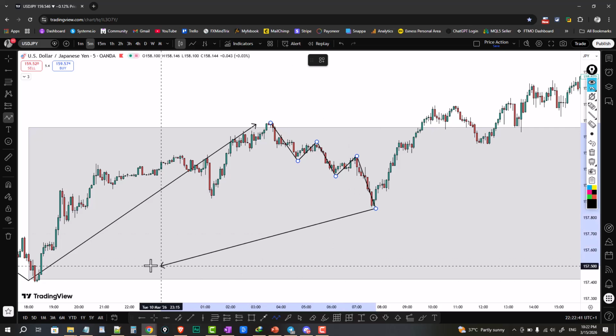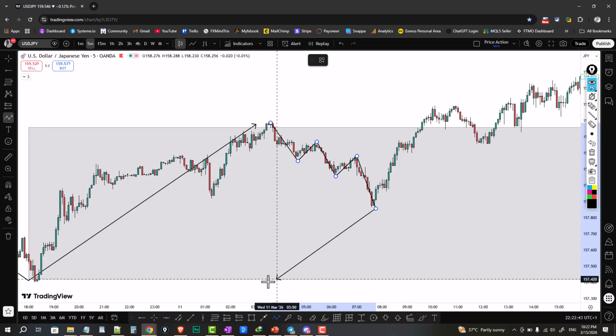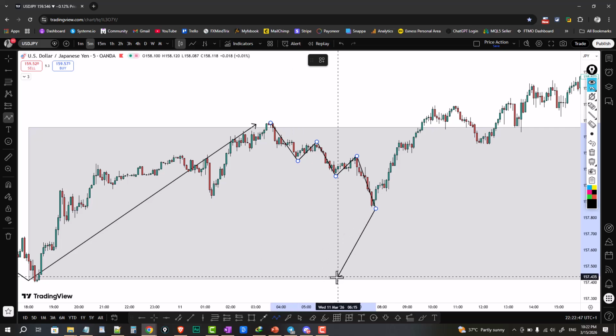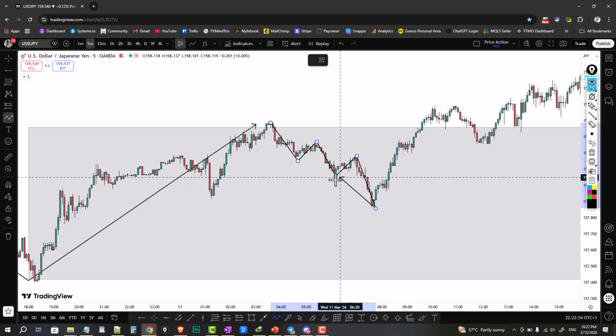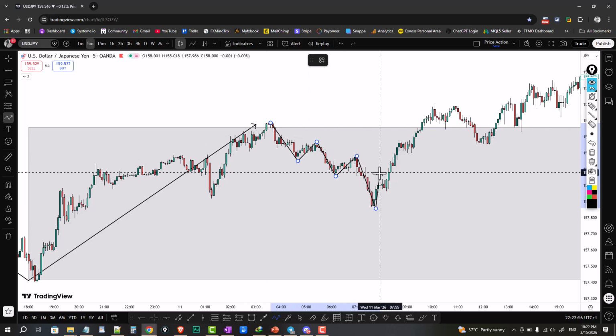And if for whatever reason price does not break below this lower portion of this gray area that we've charted, then we are maintaining the market structure of an uptrending market based on the higher time frame. But on the lower time frame, this pullback that we have is a temporary retracement on the higher time frame.